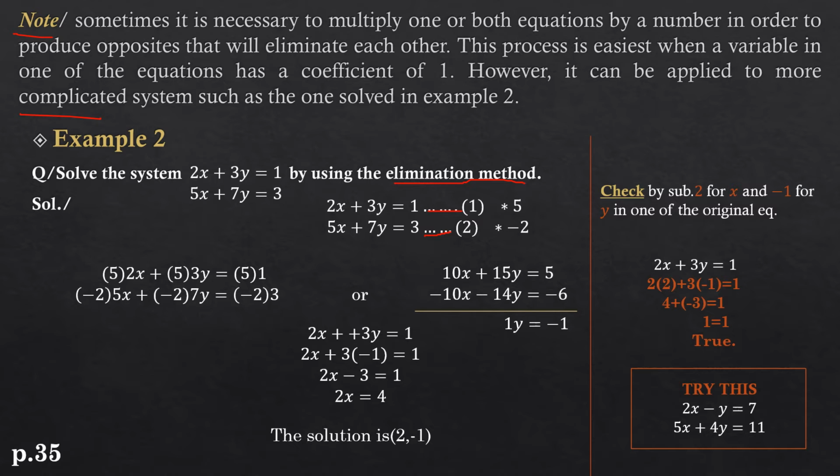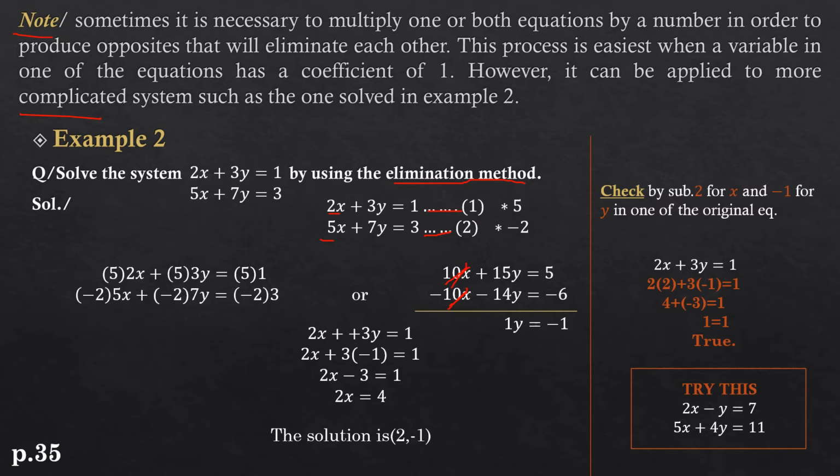So you have here 2 and 5. Multiply the first equation by 5 and the second equation by negative 2. Why negative 2? So the 2s cancel each other here. I mean, the x must go.